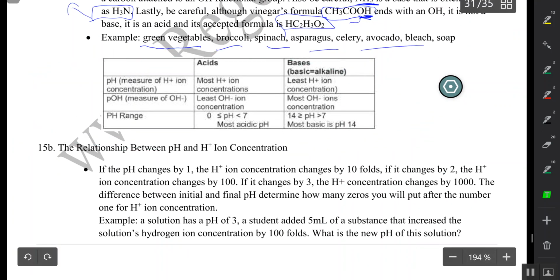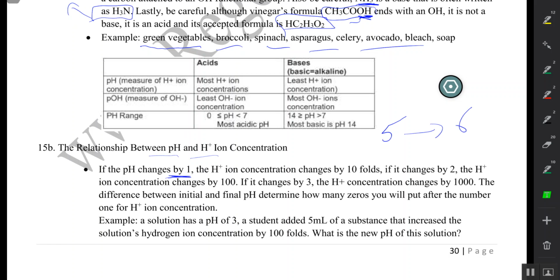All right, now let's talk about the relationship between the pH and the H. If the pH changes by 1, let's say you went from a pH of 5 to a pH of 6, the hydronium concentration is going to change by 10, or 10 folds in this case.